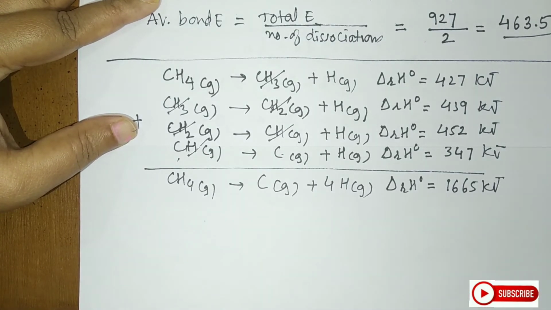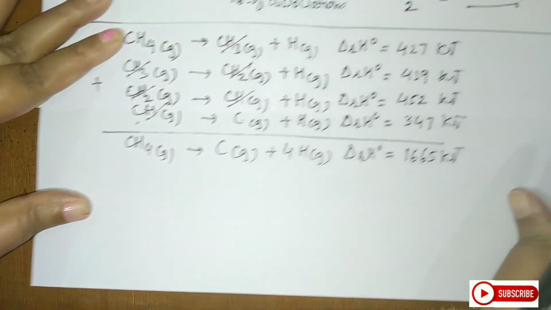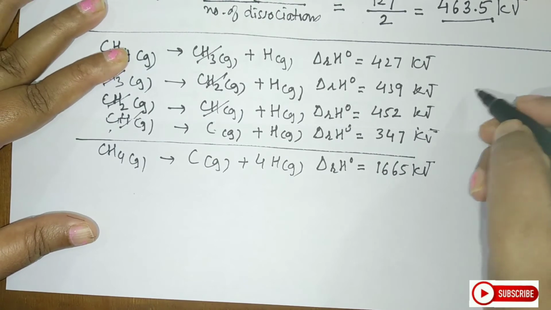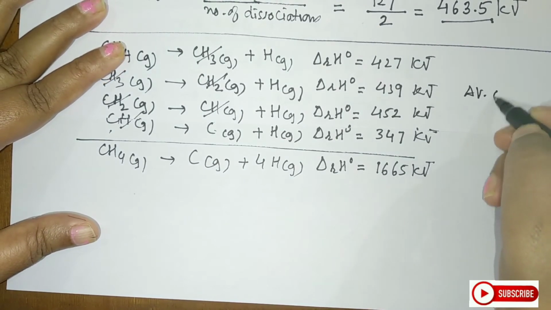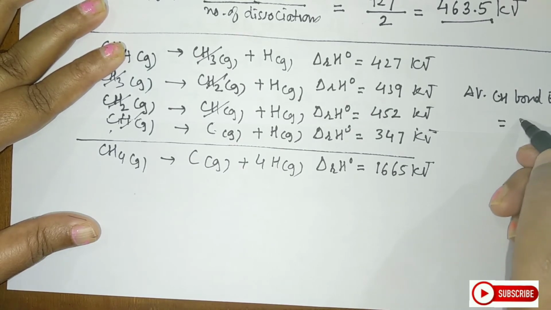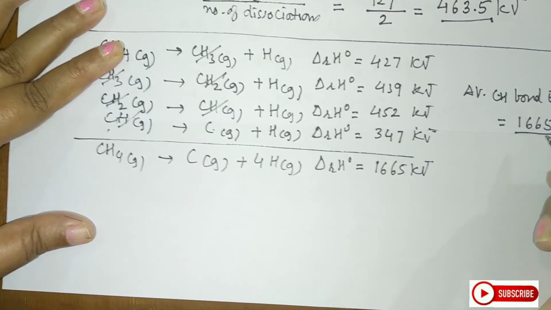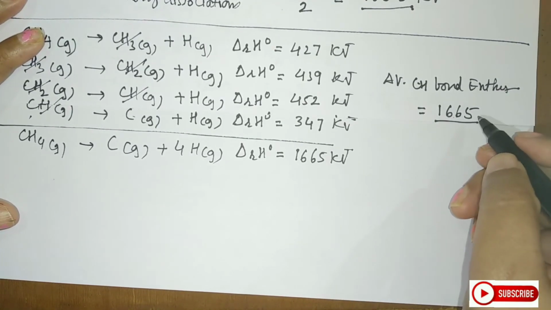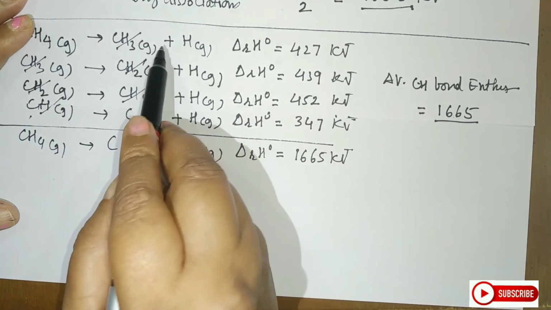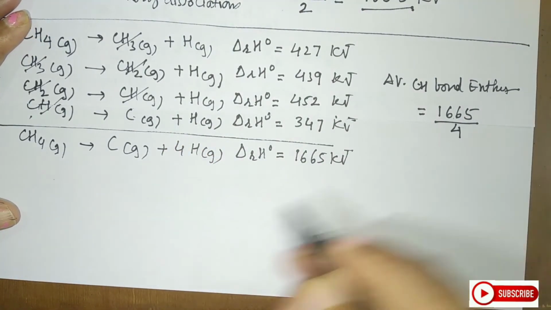No, because we have to consider average CH bond enthalpy. So let us see what is average CH bond enthalpy. So the average CH bond enthalpy will be equal to the total of all the enthalpies, that is 1665, divided by the number of dissociations. How many dissociations we have carried out? 1, 2, 3 and 4 dissociations. So it will be divided by 4.